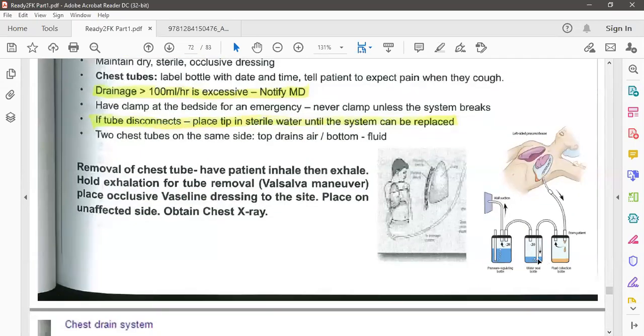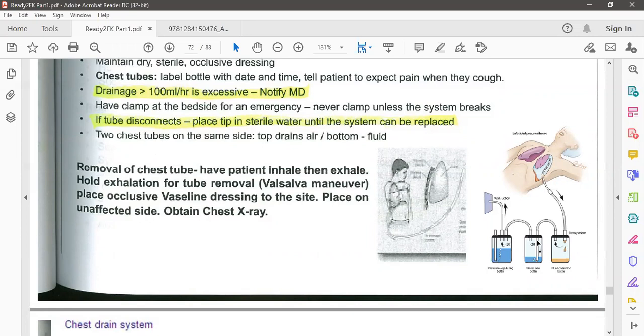Always keep the 2 centimeter line of sterile water and check every 2 hours. Also the chamber must be kept upright and below the chest tube insertion site. The chest tube is inserted here, and this chamber is just below the chest.